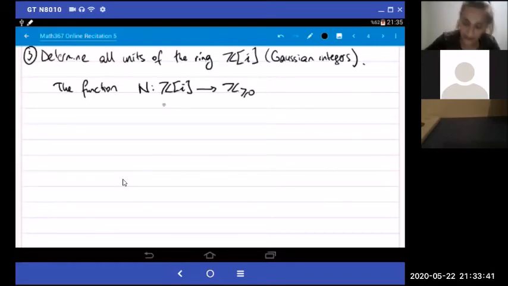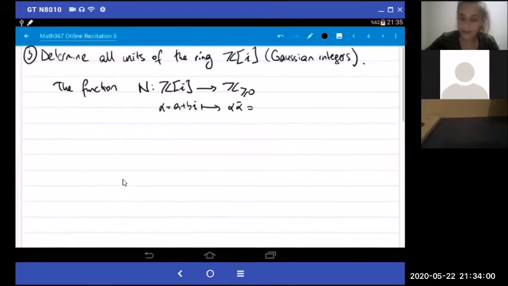This takes an element alpha of the form a plus bi, where a, b are integers, to alpha times the conjugate of alpha. The conjugation here is just the one that you know from complex numbers. And this is a squared plus b squared. Okay?